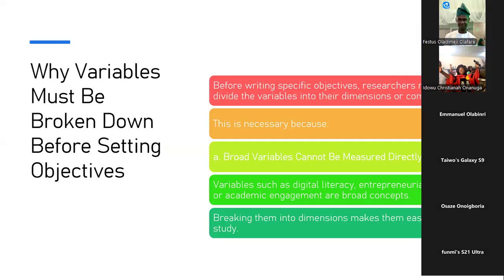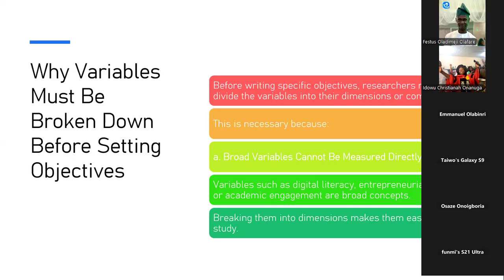Then the question now is, why do we need to break our variables down before setting objectives? One, if you want to set objectives, you must identify and break down your variable, because without breaking it down you might not be able to measure your variables directly.